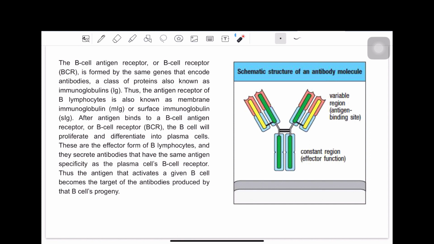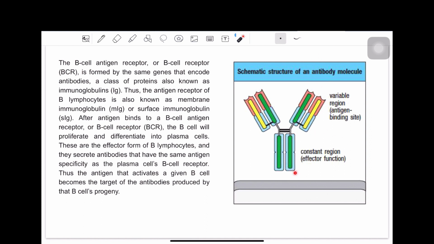So we know that this is the structure of an antibody molecule. In the antibody molecule, there are typically two light chains and two heavy chains. So the yellow ones are the light chains, and these two are the heavy chains. Also, there are two regions of any antibody molecule.